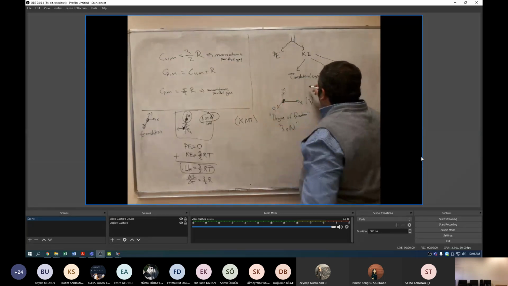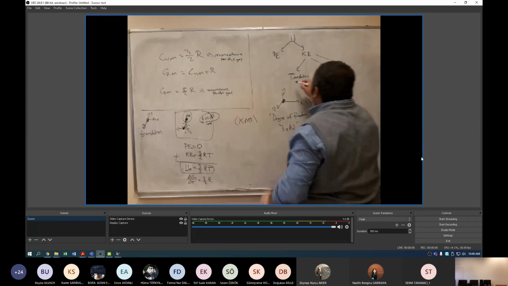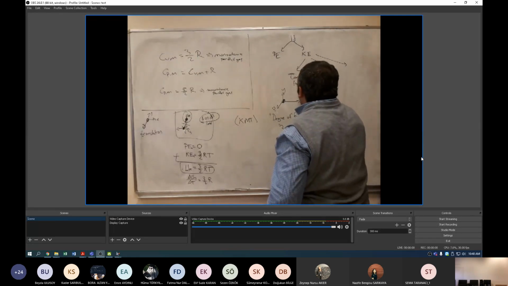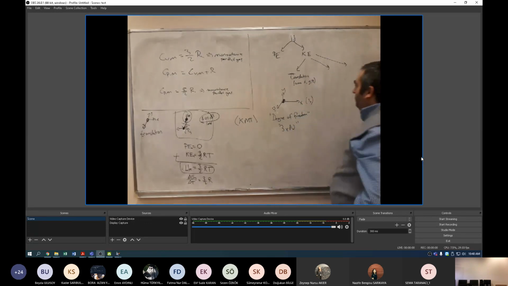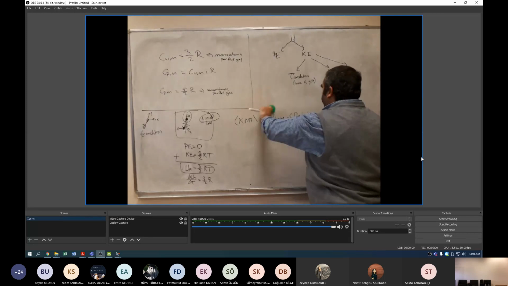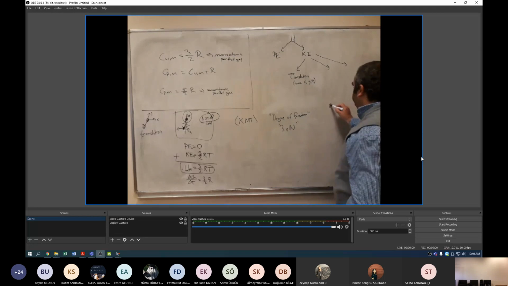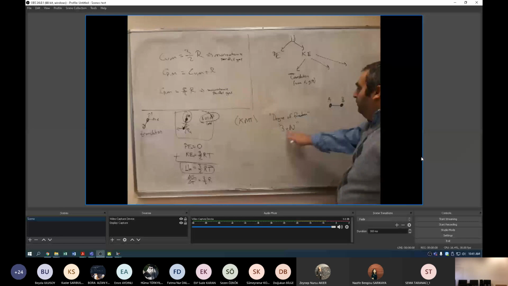So translational motion is X, Y, or Z. Okay? But what if I had, instead of one atom, a two-atom molecule, like A and B. So now, first of all, what is the degree of freedom?